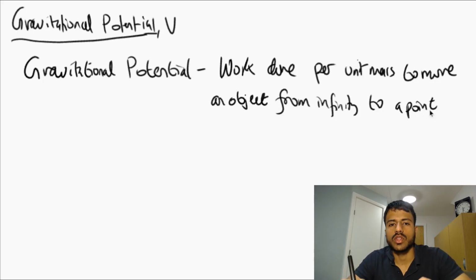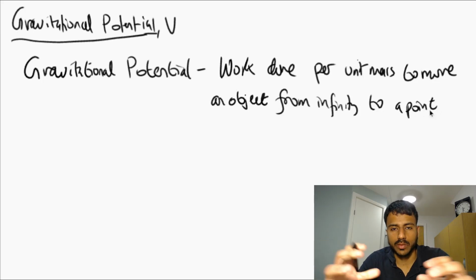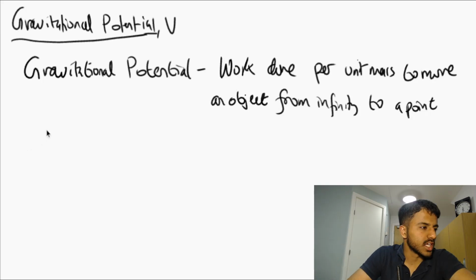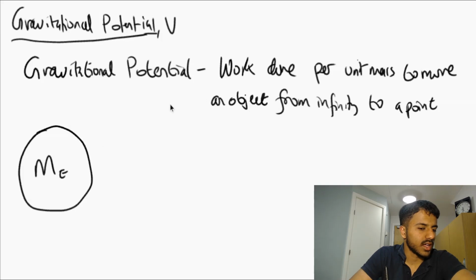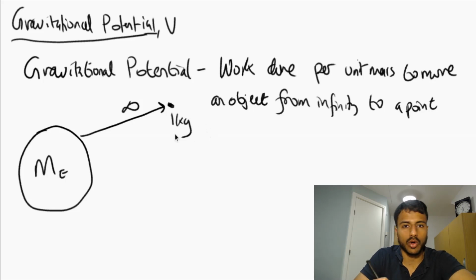And that is the definition of the gravitational potential at a certain point. So let's say we had some massive object here, and at this point here we have infinite distance. We have a 1 kilogram object, and we're moving it to this point here.